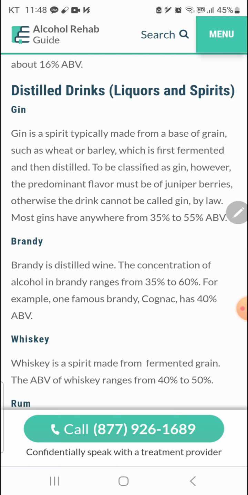Otherwise, the drink cannot be called gin by law. Most gins have anywhere from 35% to 55% ABV, alcohol by volume.